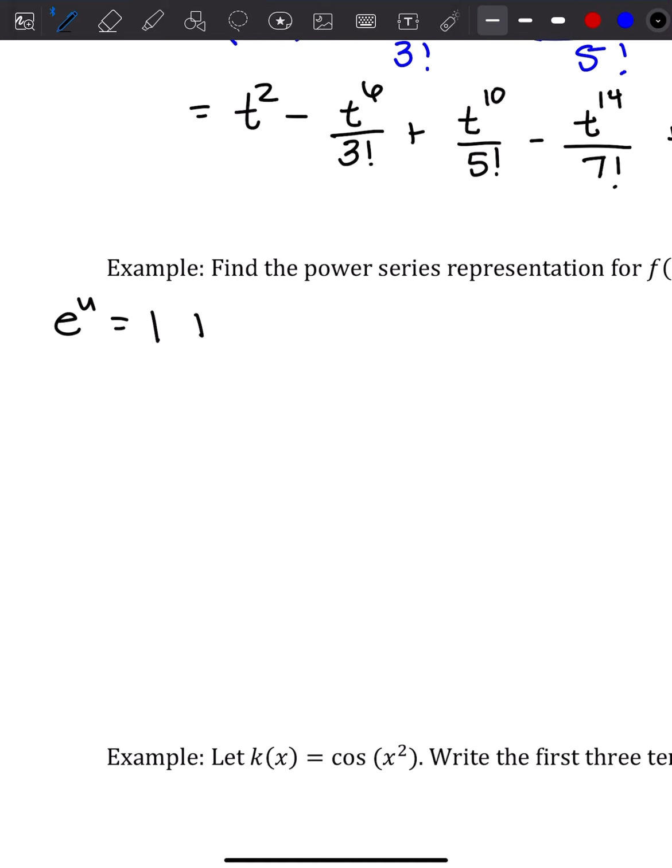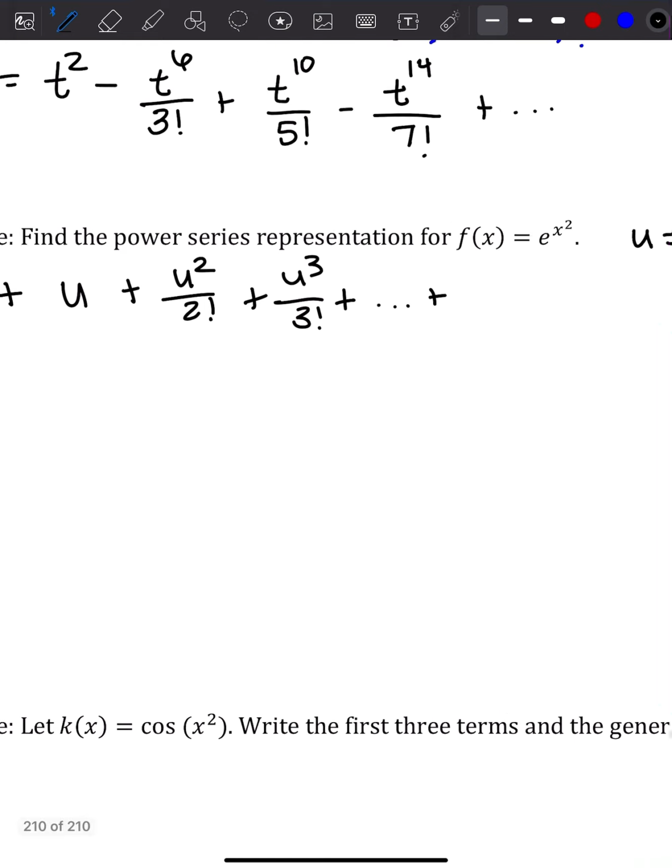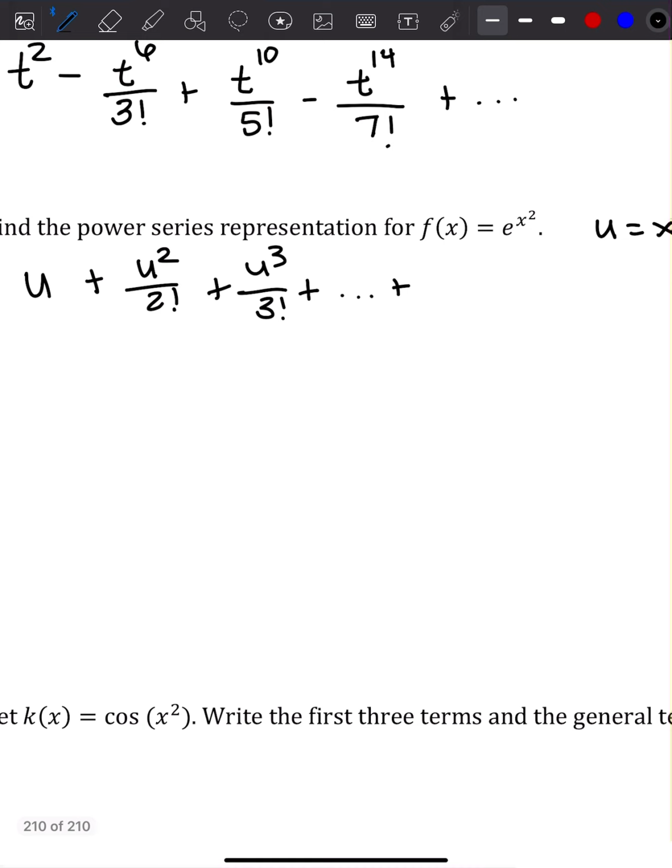This is 1 plus our variable to the first, plus our variable squared over 2 factorial, plus our variable cubed over 3 factorial. It's every single one more exponent, one more factorial. This goes all the way up to u to the n over n factorial.